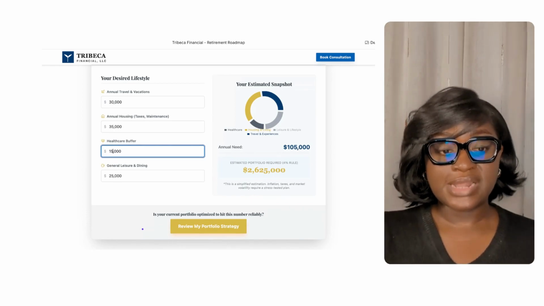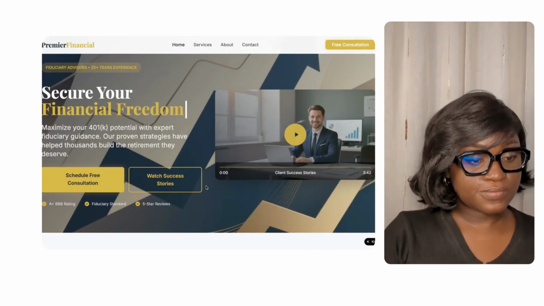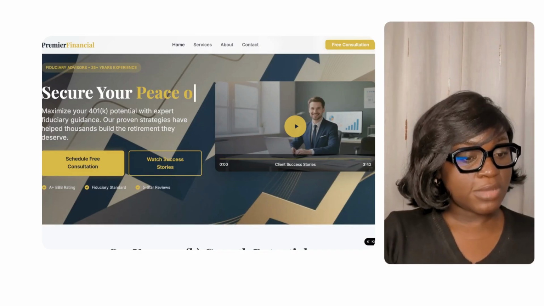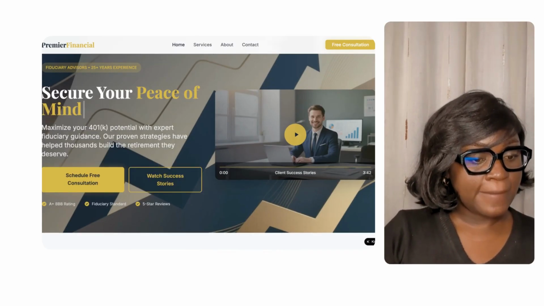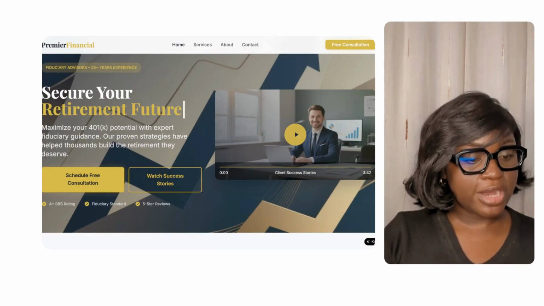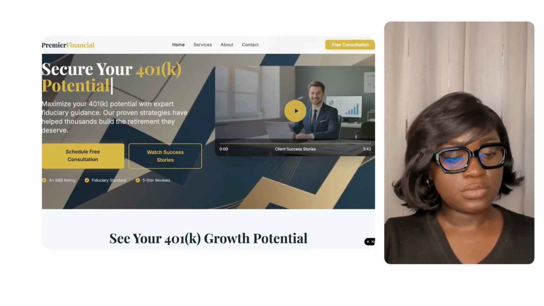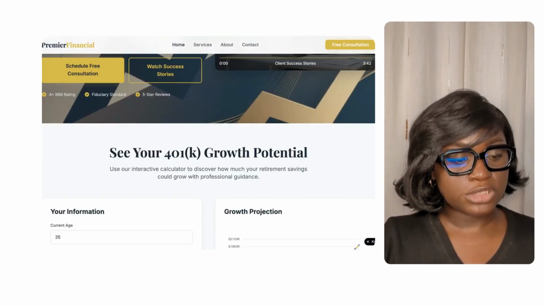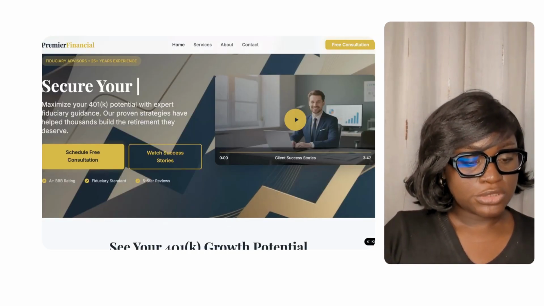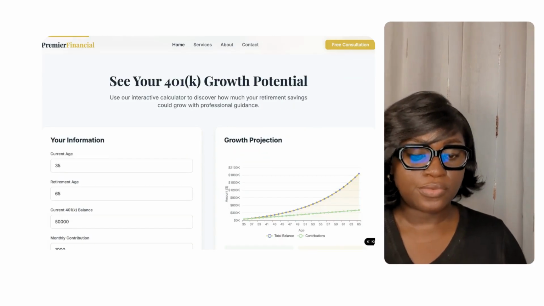Now let's review the last lead magnet. This is also a financial freedom one: maximize your 401k potential with expert fiduciary guidance. Proven strategies have helped thousands build the retirement they deserve. So now we have it, see your 401k growth potential.